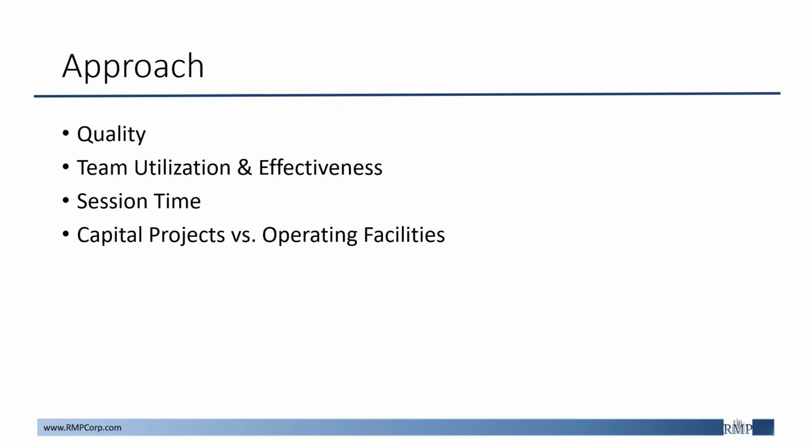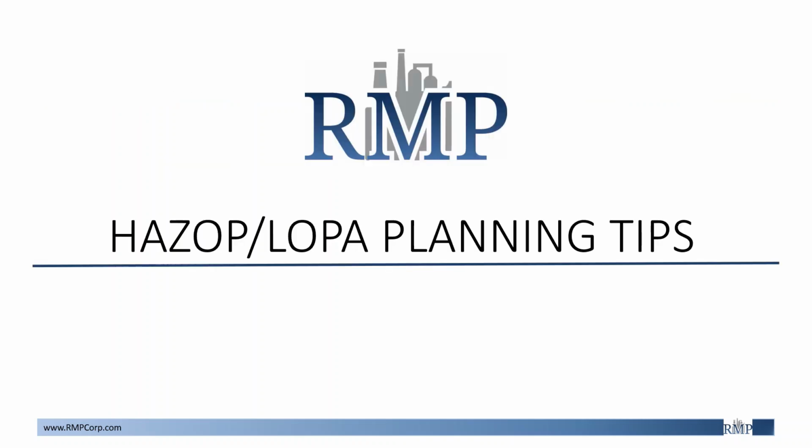Additionally, items that need to be discussed that need not be addressed during a capital project are items such as the incident investigation, the management of change, facility siting, damage mechanism review, safeguard protection analysis, external events, etc. And these studies typically involve much smaller teams with individuals that have a wider range of knowledge and experience with the process. Now let's go into some useful tips for planning your HAZOP/LOPA study.